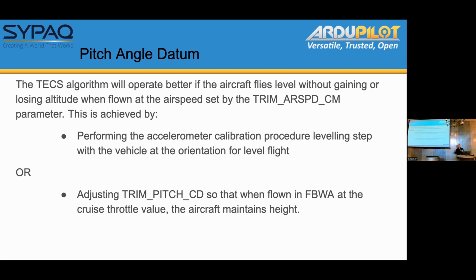But for other users where I just want to put my plane on an angle on the ground that looks like the angle it flies at, and then just hit level for their accelerometer calibration, that suits their use case better.